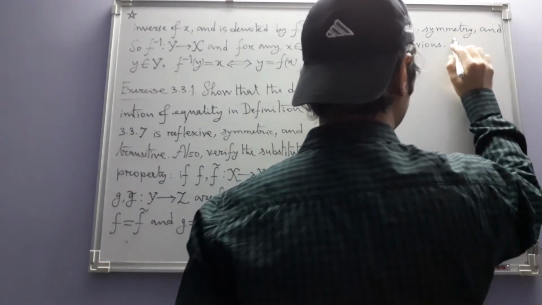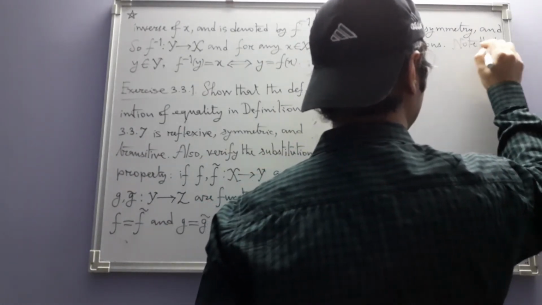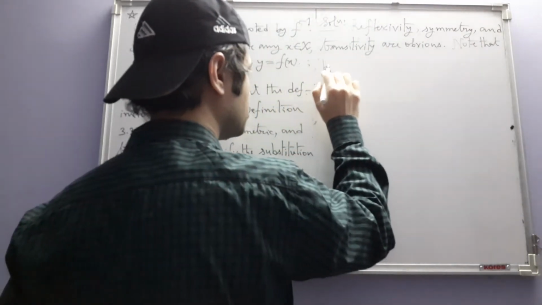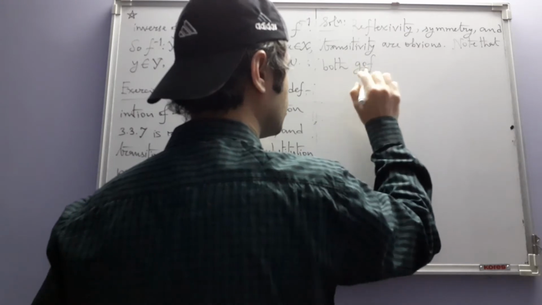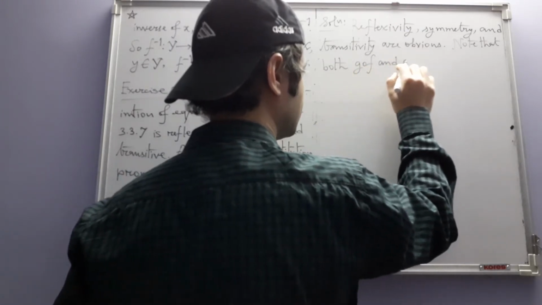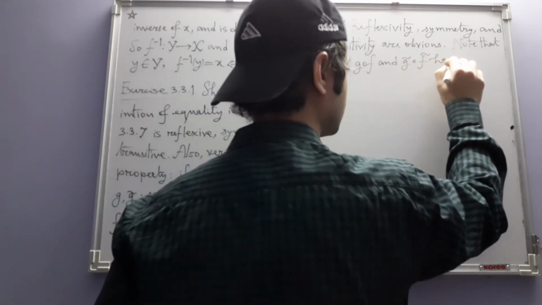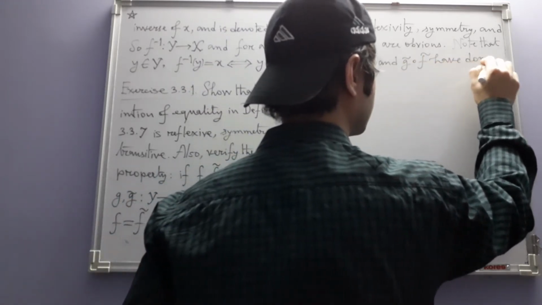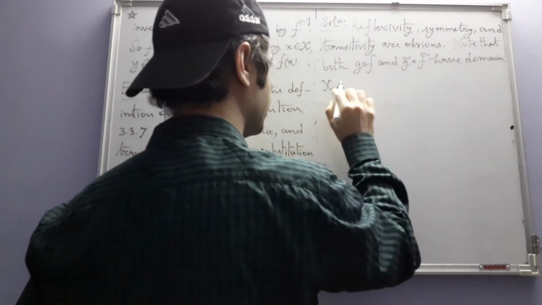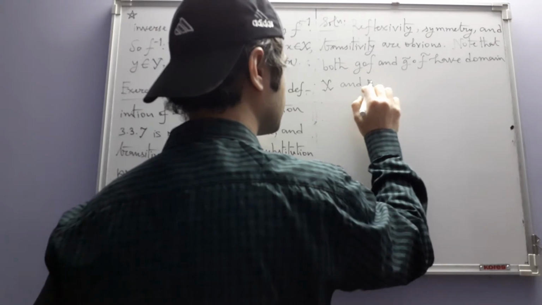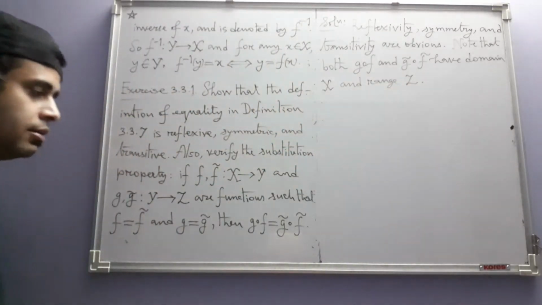So we write like that. Note that both G composition F and this function have domain X and range Z.